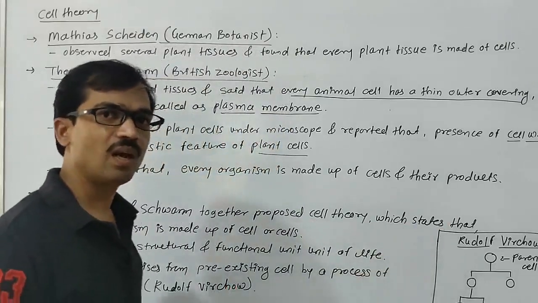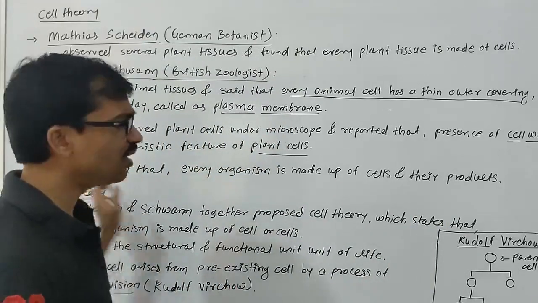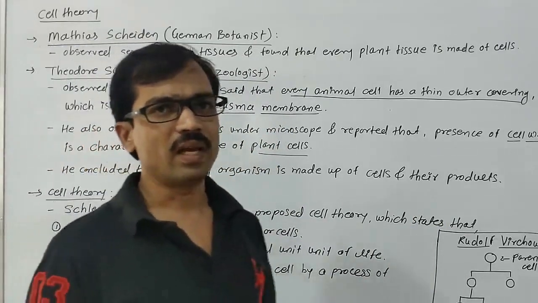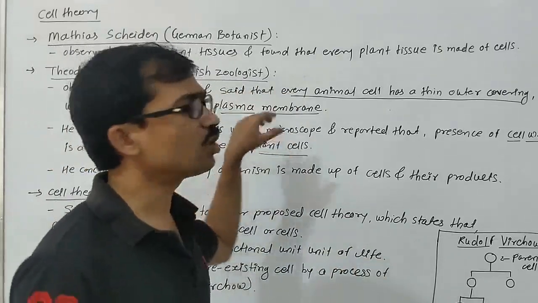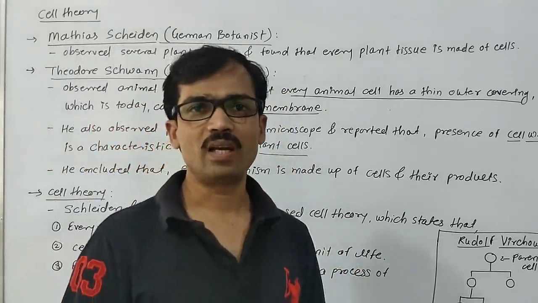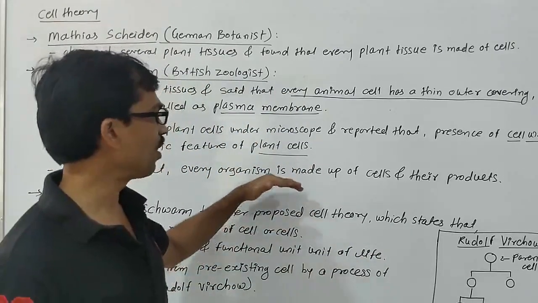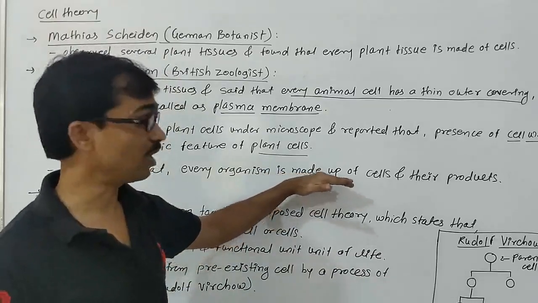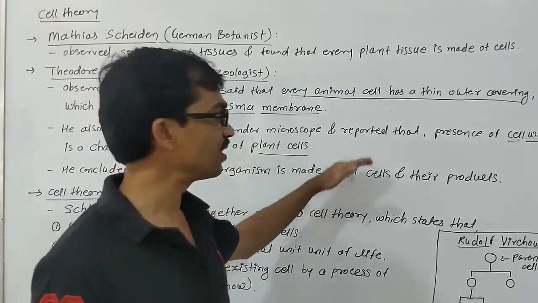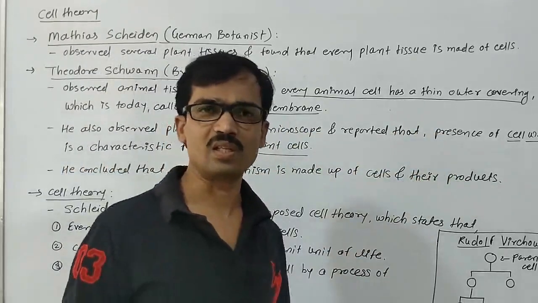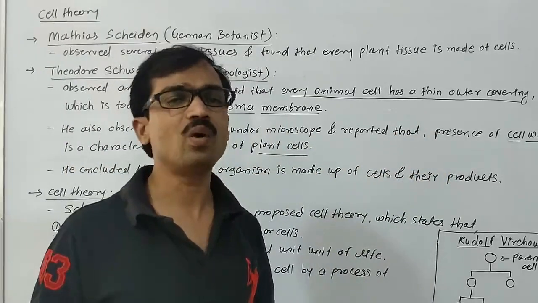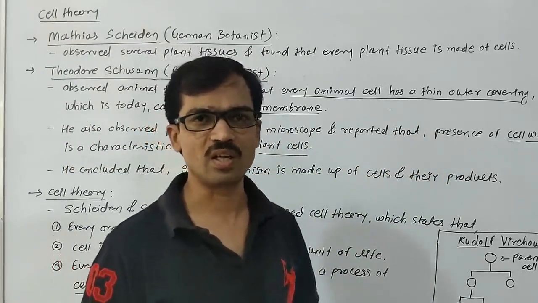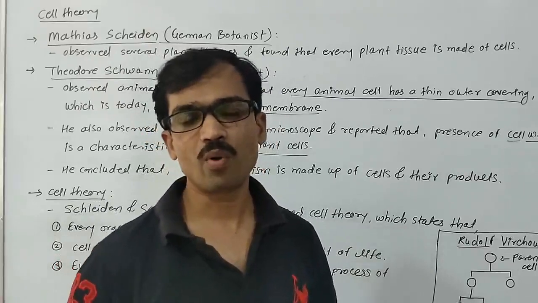And then, after taking all these observations, he concluded that every organism is made up of cells and the products of the cells. Now, that every organism is made up of cells we can understand, but what about the products of the cells?